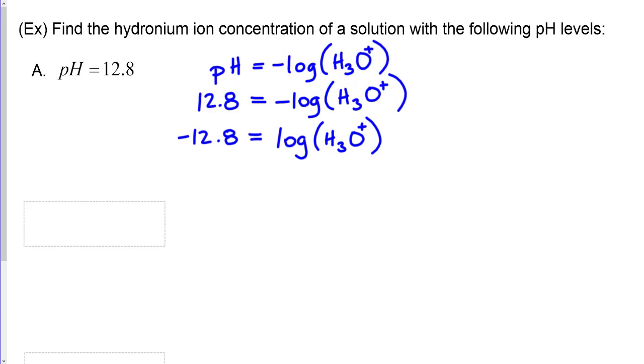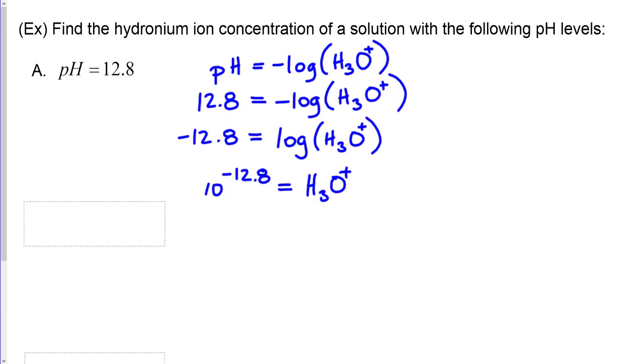And so when I change this into exponential form, the base of this logarithm is 10, so it's going to be 10 to the negative 12.8th power, and that's equal to the argument of the logarithm, which is the hydronium ion concentration that I'm trying to solve for.